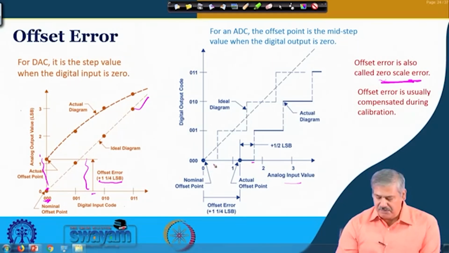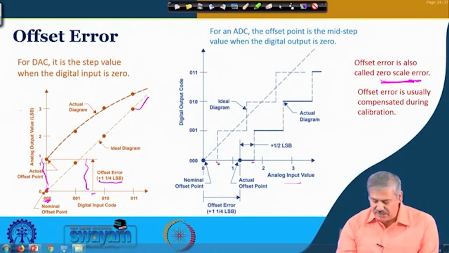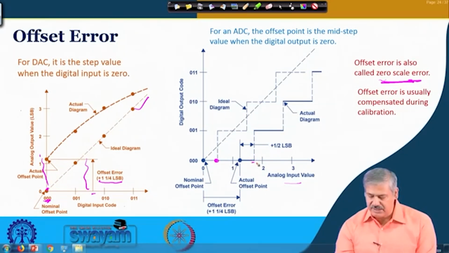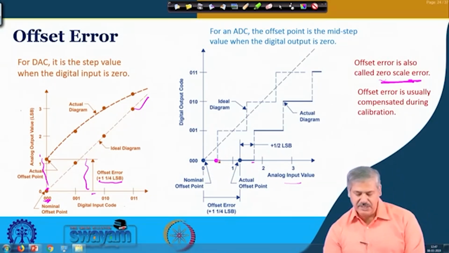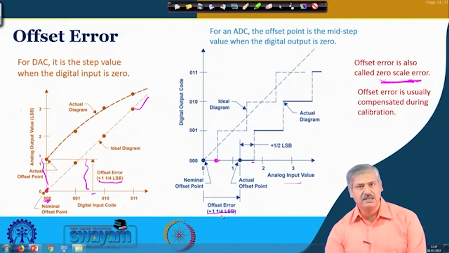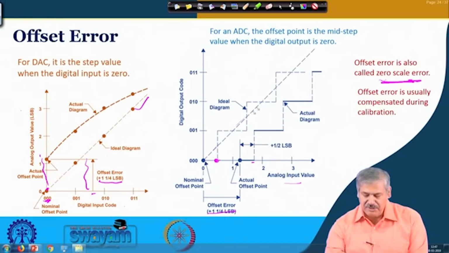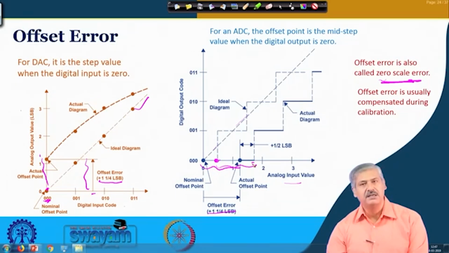And the mid step value is somewhere here, right, and the corresponding mid scale value will be somewhere here. So if you just note the difference, okay, this is what will give you the offset error, right, because this is following this line, right.